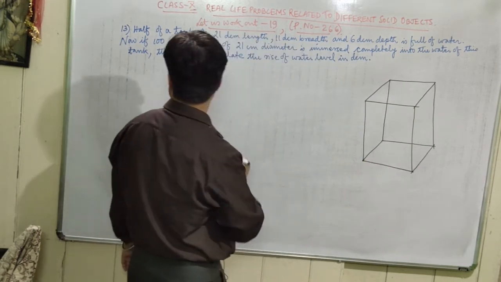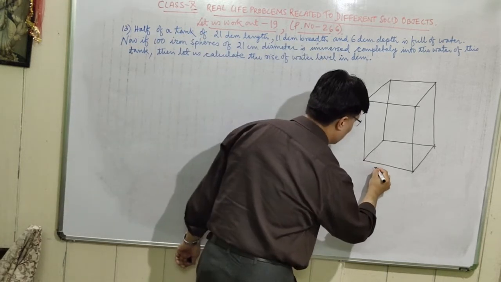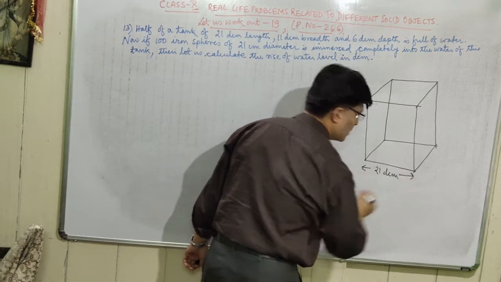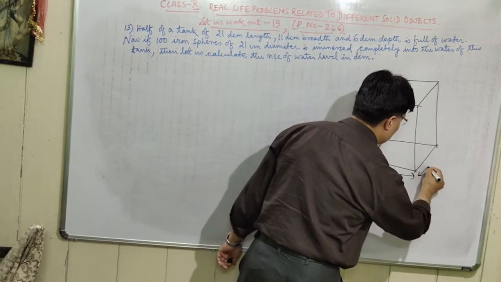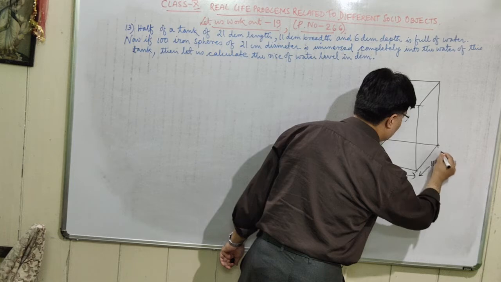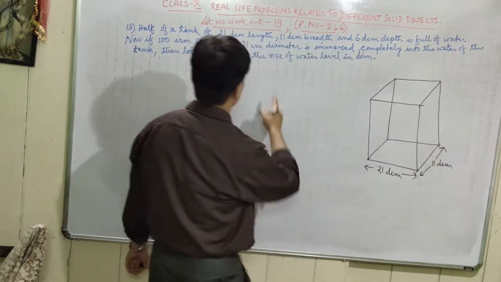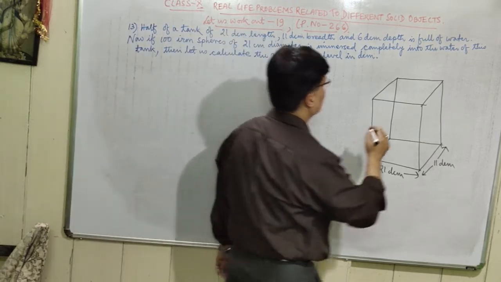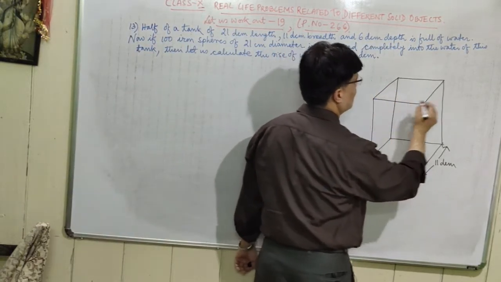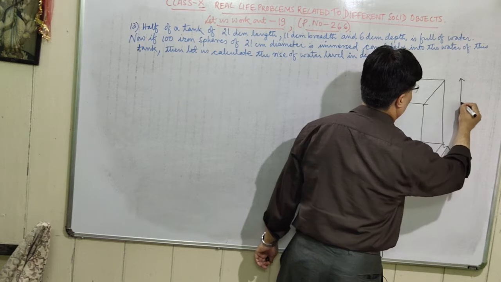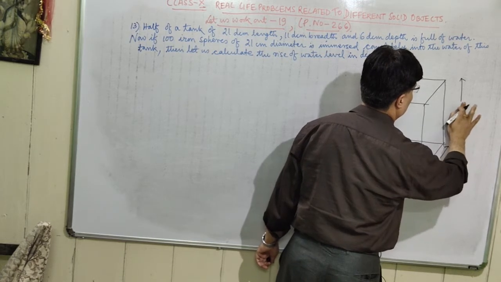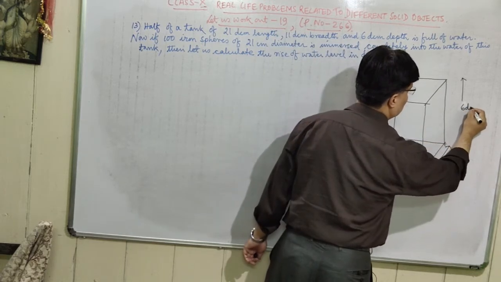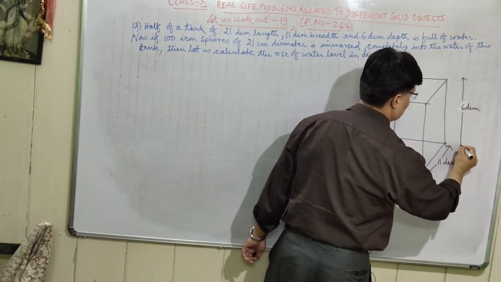So now its length is 21 decimeter, right? And its breadth is 11 decimeter. And depth means its height. Its height is what? 6 decimeter.